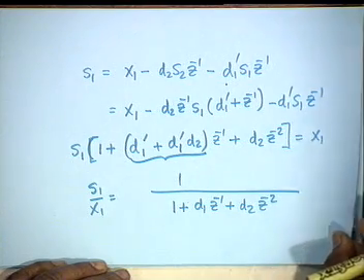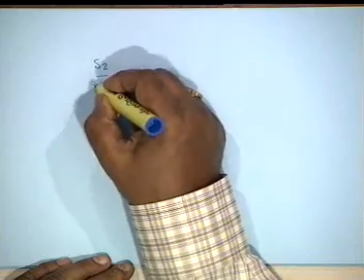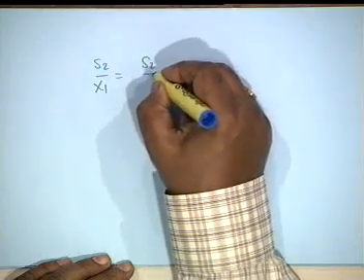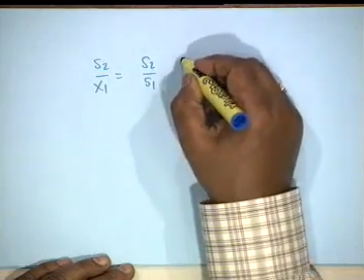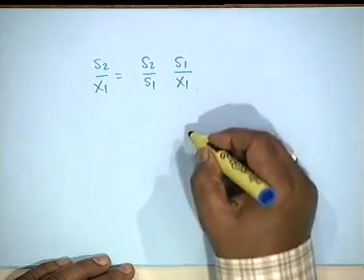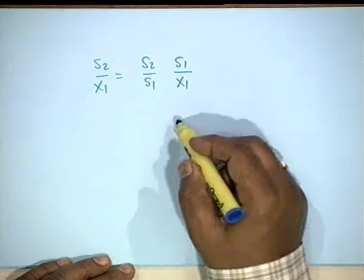Let us look at S2 now. S2 by X1 would be equal to S2 by S1 multiplied by S1 by X1, right.